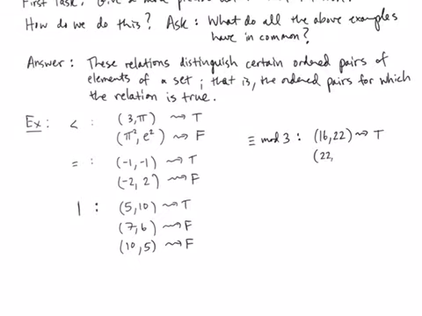Also 22 and 16, right? So this time if we switch them, 22 minus 16 is now 6. That's still divisible by 3, so that's distinguished by our relation. But say 7 and 3 are not. And also the reverse pair, 3 and 7, also not. Okay.